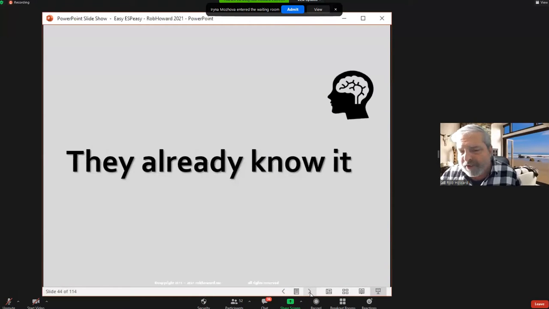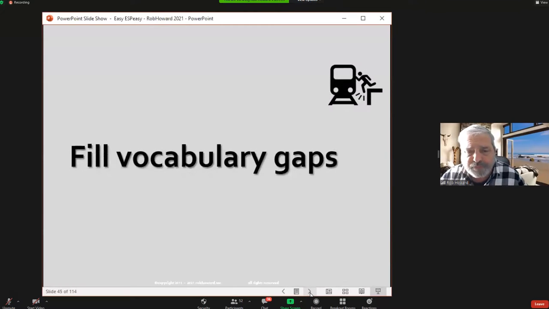And remember, most of them already know most of the vocabulary. We just need to help them fill in some of the gaps. So fill in the gaps.